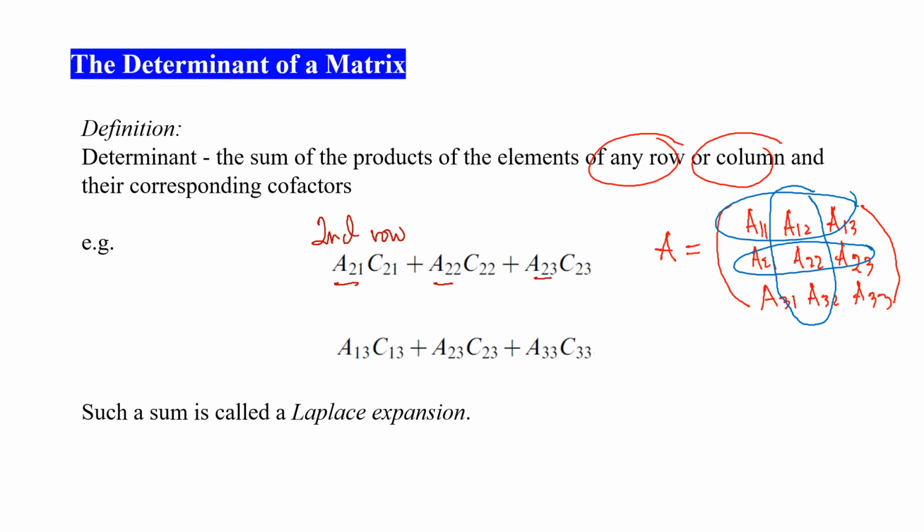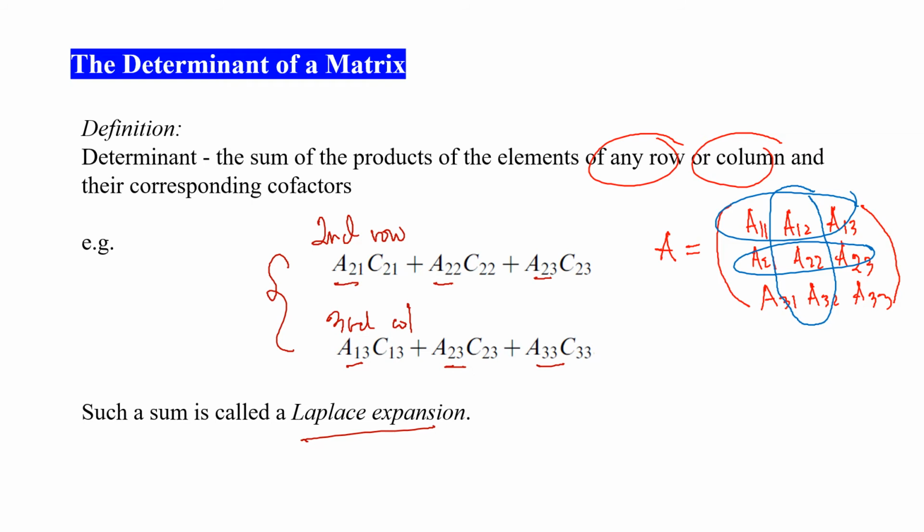We can also get the determinant by using, let's say, your third column. The elements of your third column are A13, A23, and A33. We multiply the elements by their corresponding cofactors, and then we get the sum. So you have A13 C13 plus A23 C23 plus A33 C33. Such a sum is called your Laplace expansion.